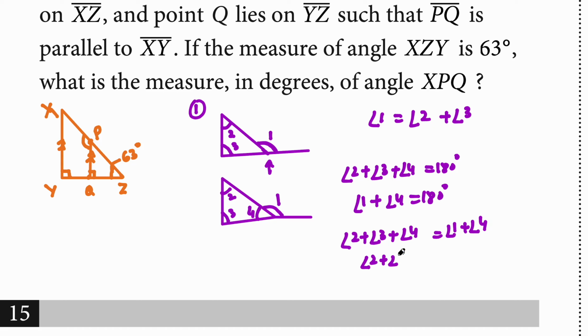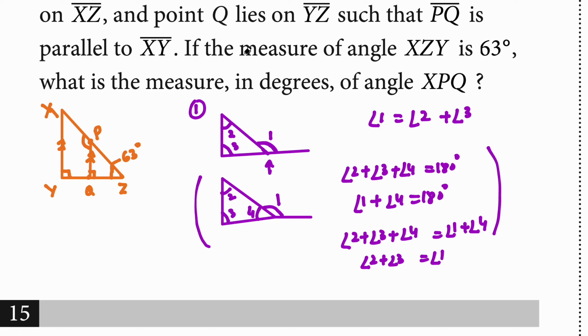So angle 2 plus angle 3 is equal to angle 1. So this is the derivation of the exterior angle property. And once we know that the exterior angle is equal to the sum of interior opposite angles, we can directly use this property, right? So if I try to use this property in my question here, you see this is the triangle and this one is the extended side, right? So that means this angle is equal to the sum of the opposite angles.